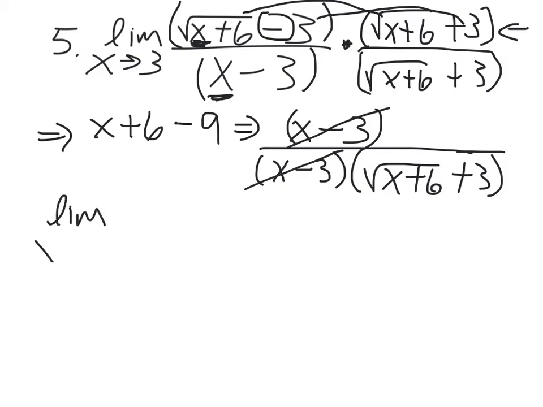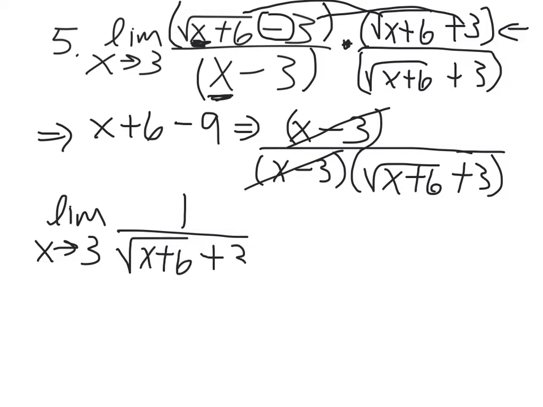We can go back to our limit as x approaches 3 of 1 over the square root plus 3, and this time we get a value of what? Okay, plug 3 in, square root of 9 plus 3, 3 plus 3, we get 1 over 6 for that limit value.